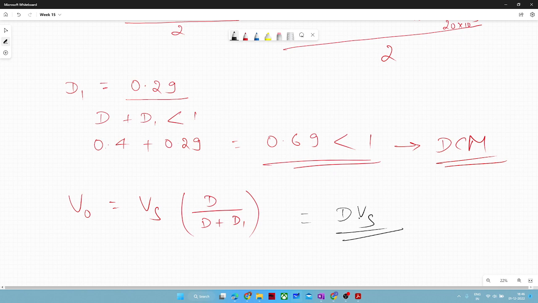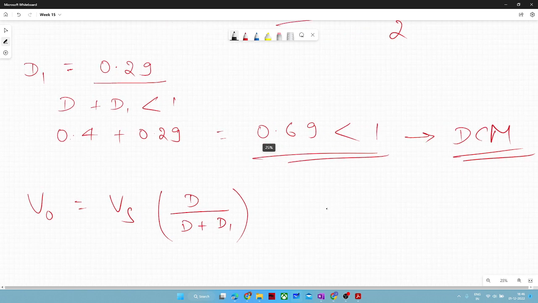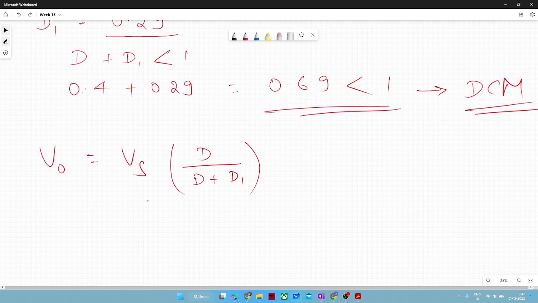And if you write DVs and put the value of 0.4 here, you will get a wrong answer and you will lose your marks. So if you have this formula, just check it once and get confirmed. Generally, this type of problem is asked for 2 marks, so you will lose those 2 marks along with an additional 0.67 of negative marking. So just try to verify it in your exam.